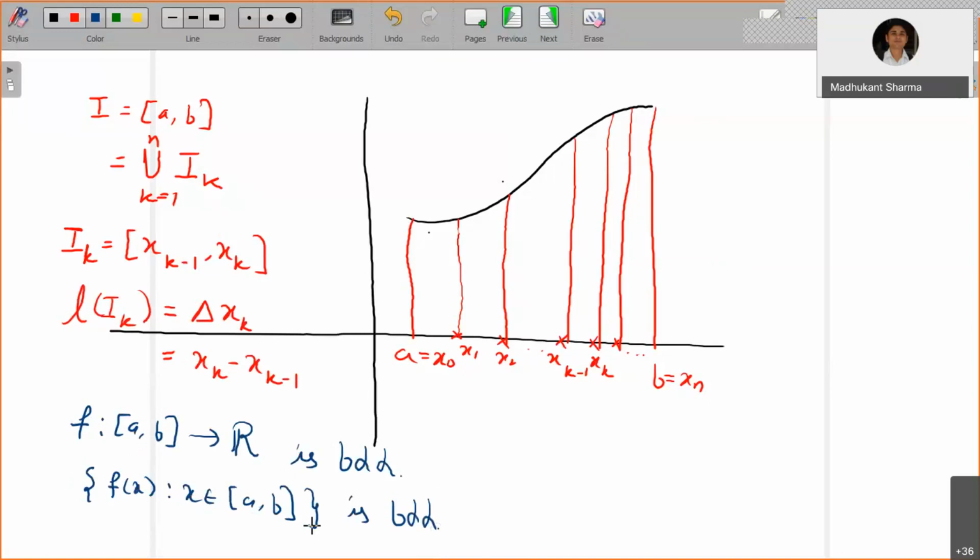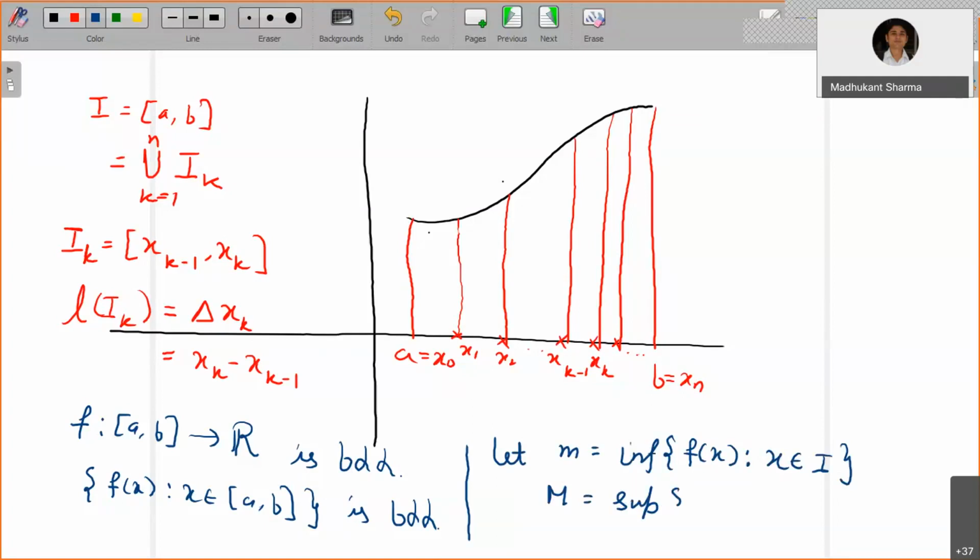This means the set has both an infimum and a supremum. So let small m be the infimum of f of x such that x belongs to I, and capital M be the supremum of f of x such that x belongs to I.